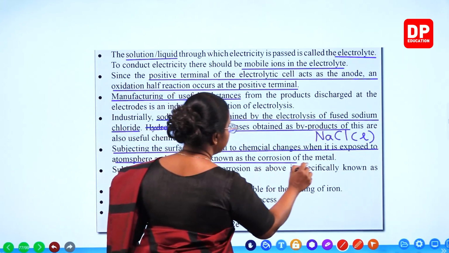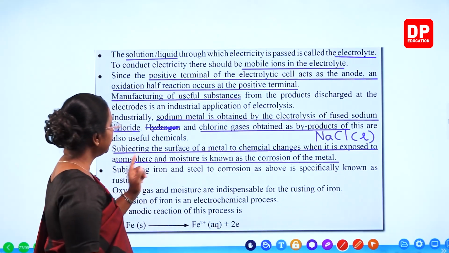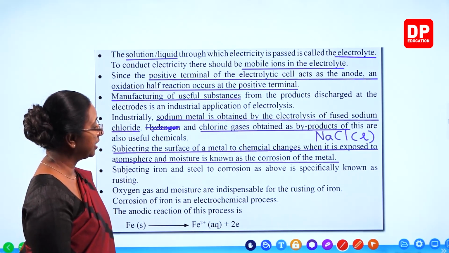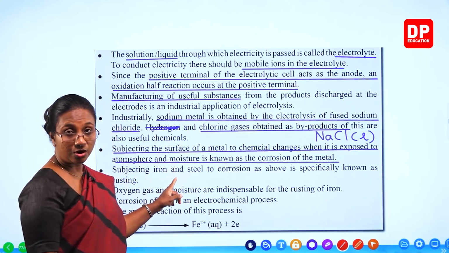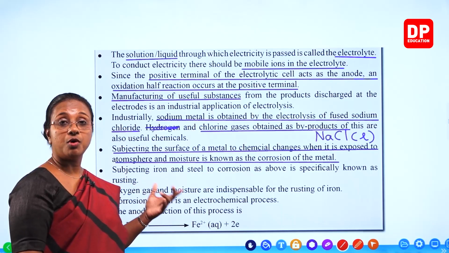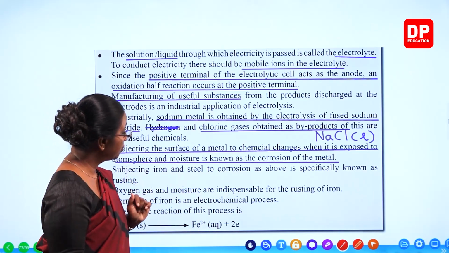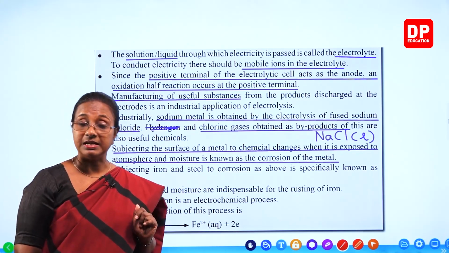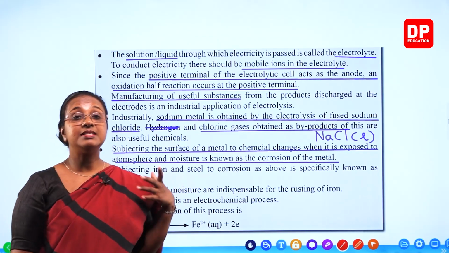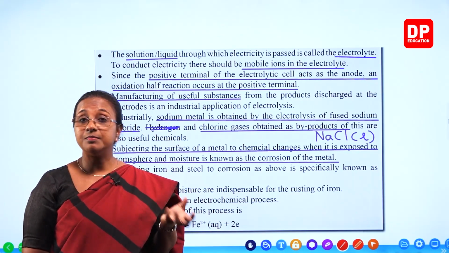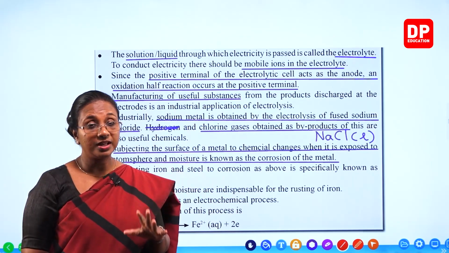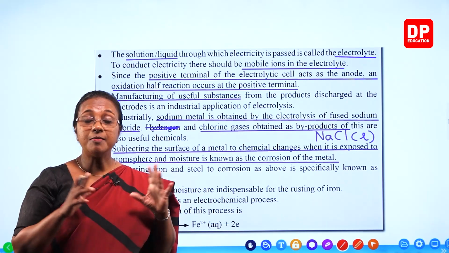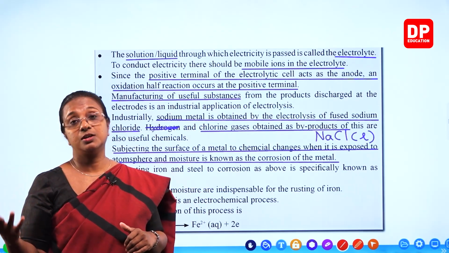You can see here, subjecting the surface of a metal to chemical changes when it is exposed to atmosphere, that is oxygen, and moisture or water vapor, is known as the corrosion of the metal. So, you can remember magnesium tarnishes, aluminium tarnishes, but there the oxide layers act as protective layers, so they are protected from further corrosion.